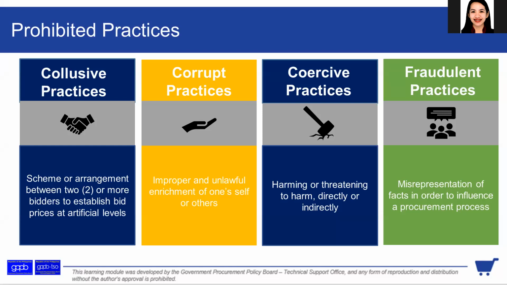Then next, another C. Kasi tatlong C, isang F yan eh. Are the corrupt practices, no? Sa Tagalog, sasabihin natin yan, pangangamkam, pagnanakaw, or unlawful enrichment. May nakuha ka, may nagain ka out of a certain action na nagawa mo.